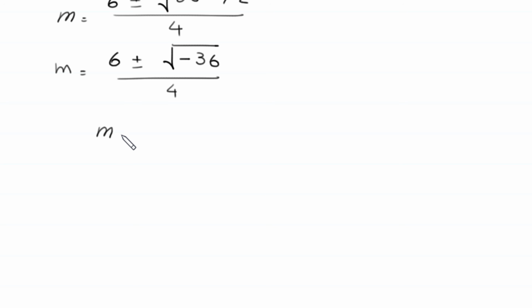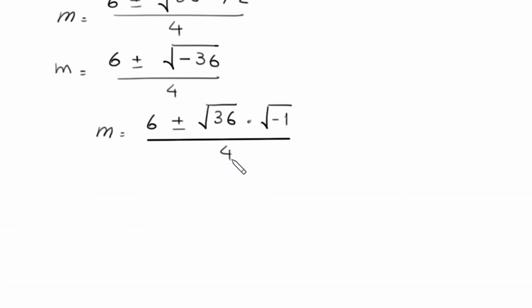Next, m is equal to 6 plus minus this square root of negative 36 can be written as square root of 36 times square root of negative 1, divided by 4. Next, m is equal to 6 plus minus square root of 36 is 6 and this square root of negative 1 is i, divided by 4.